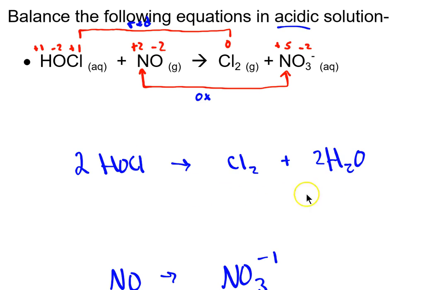All right. Now I have 4 H's over here, so I need 2 H pluses over here. Okay, and this part is my reduction, correct? This is my oxidation. Okay, so what's left?